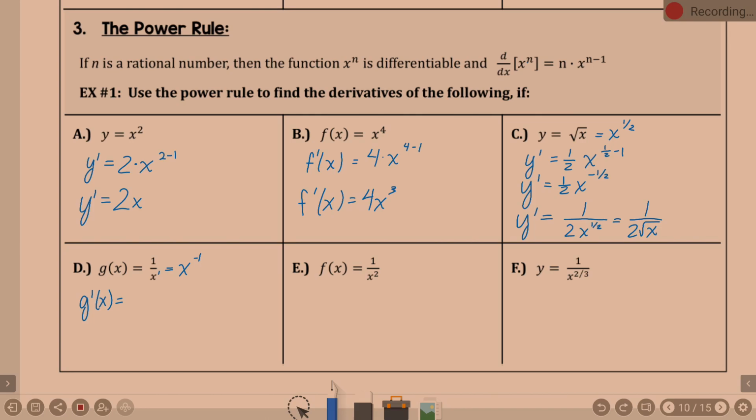Okay, so now do your power rule, and we're going to have negative 1 times x to the negative 1 minus 1. What's that clean up to be? Okay. And negative x and negative 2 is fine. I left my negative 1 on there, but that's because of the next step.